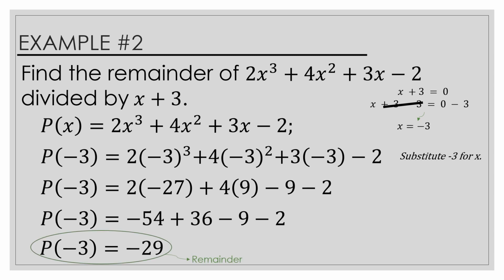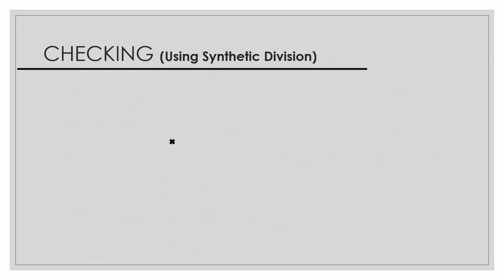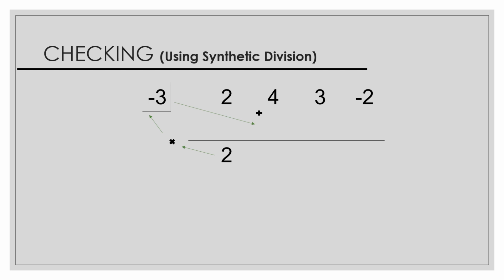Now again, let's check using synthetic division. Again, write down the numerical coefficients in one row. Write the test zero at the left. Bring down the first number. Multiply by negative 3, that would give us negative 6. 4 plus negative 6 is equal to negative 2.